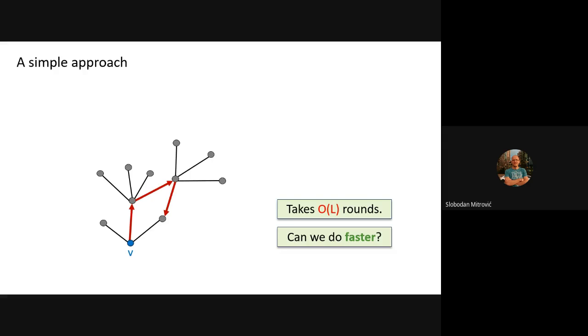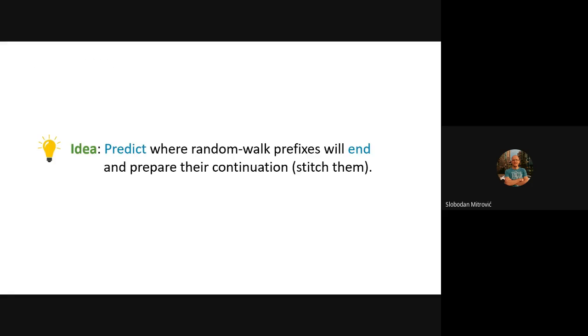And there are algorithms that give you fewer rounds than this. I would say that maybe the central idea of all of these approaches is to try to predict where a walk of certain length will end, so that you can prepare the continuation of where a certain prefix of the walk that you want to compute ends.